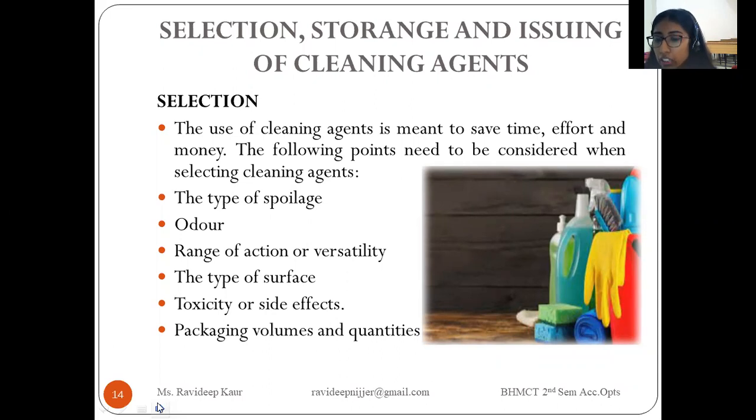So for metal surfaces, you need to select the cleaning agents which are meant to clean those metal substances, actually metals. And next, packaging volumes and quantities.